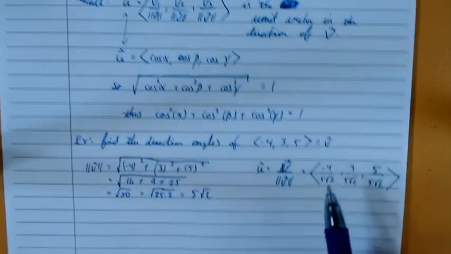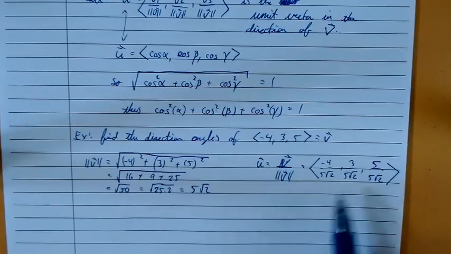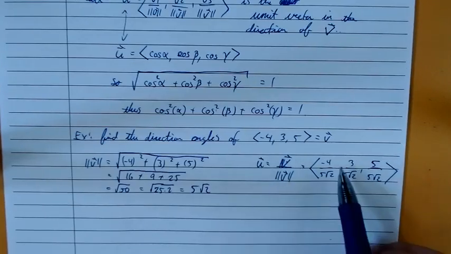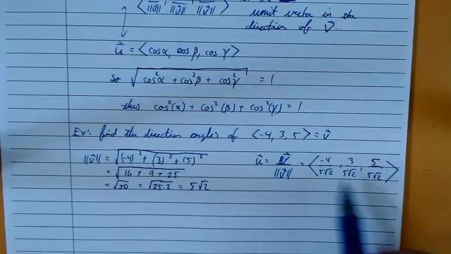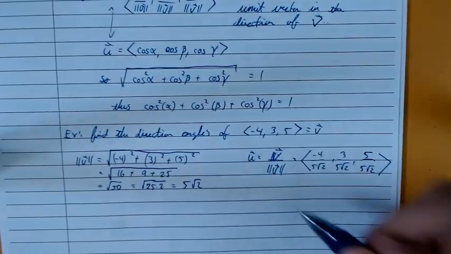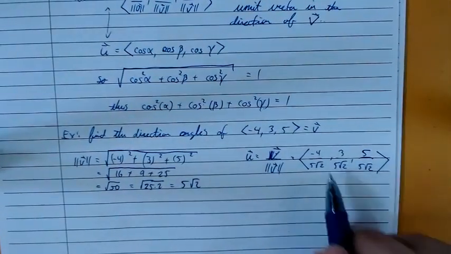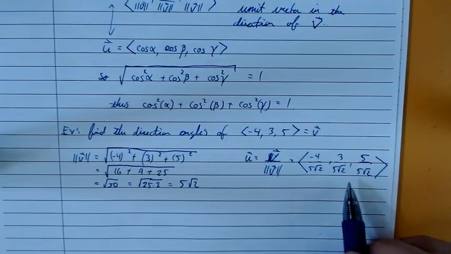Okay. All right, so there is my unit vector in the direction of V. Normally I'd go through and rationalize these, but I'm not really done yet. I don't really worry about simplifying and rationalizing till the last step, right? So here, this is my unit vector in the direction of V.